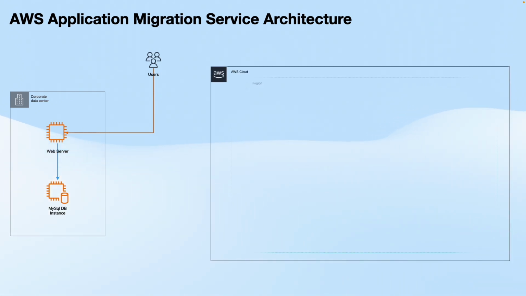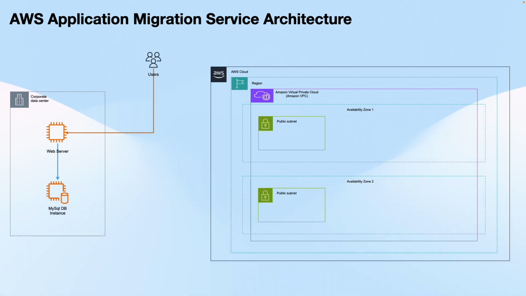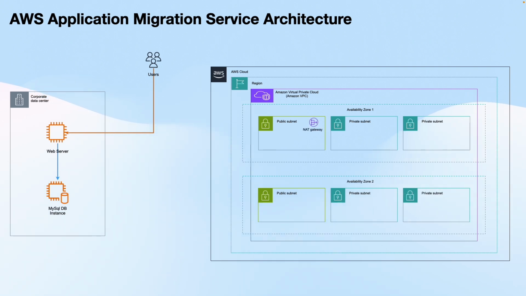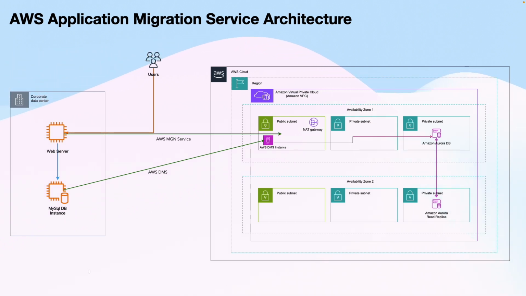First, we will create a VPC in US East 1 region with 2 public subnets and 4 private subnets. Then we will migrate the MySQL server database to AWS Cloud using AWS Database Migration Service, to an Aurora RDS DB. Once the MySQL database is migrated to Aurora DB, we will use AWS Application Migration Service to migrate the web server, that is the WordPress application, to the AWS Cloud, that is to US East 1 region.